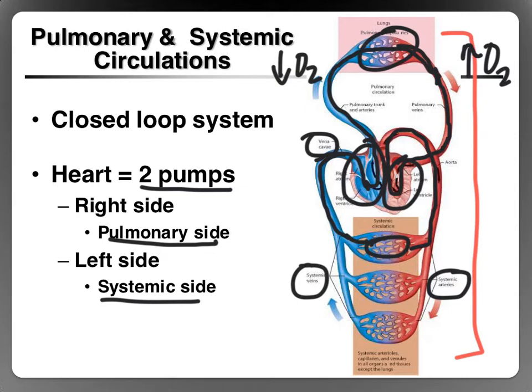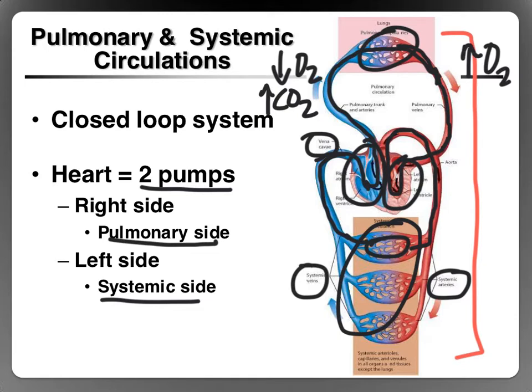Like I said, the blood leaving the heart from the right side is relatively low in oxygen and high in CO2, because this is the blood that has gone through all the cells in your body where we've taken out oxygen to use it, and picked up CO2, because in the process of using oxygen we produce CO2.